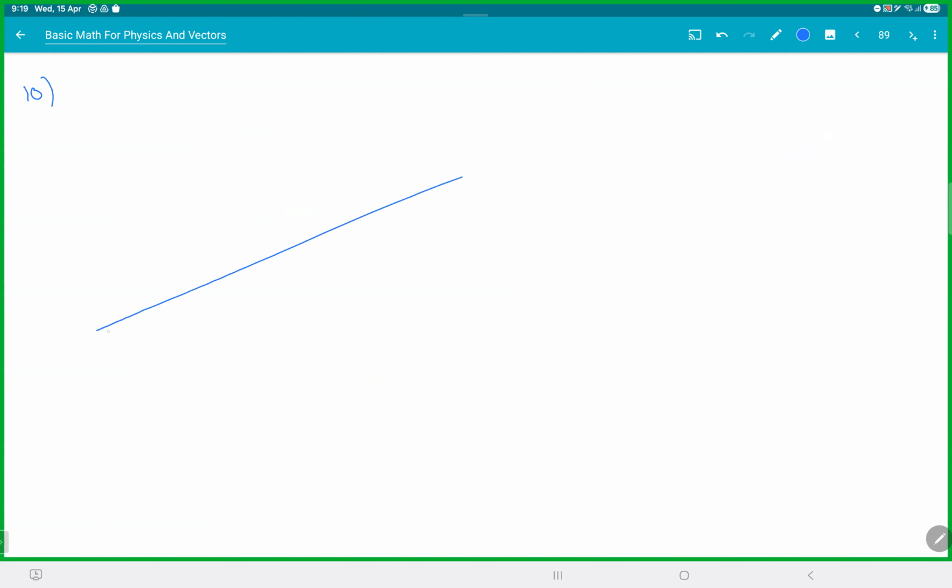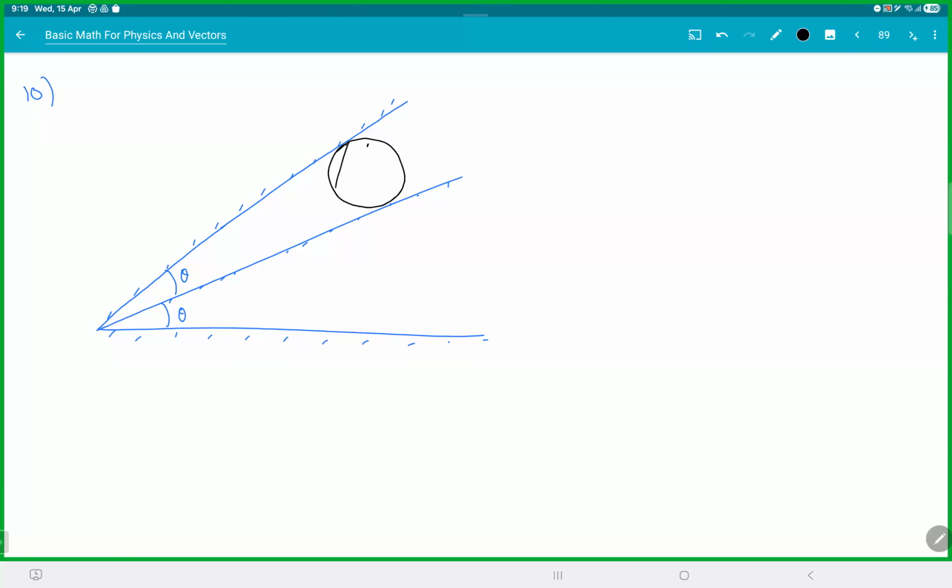Let's say we have an incline like this. This angle is theta. This angle is also theta. We have a ball here, and the ball got stuck between these two inclines. Right?